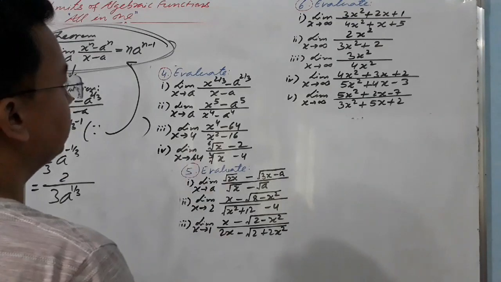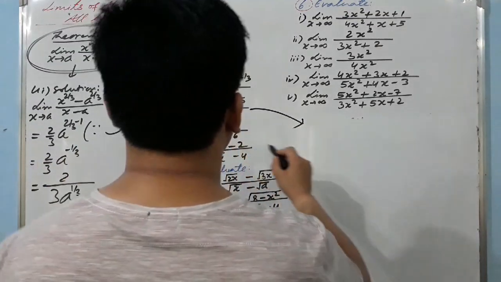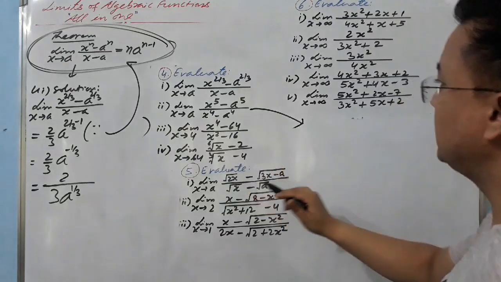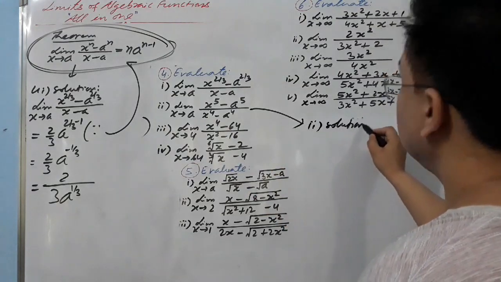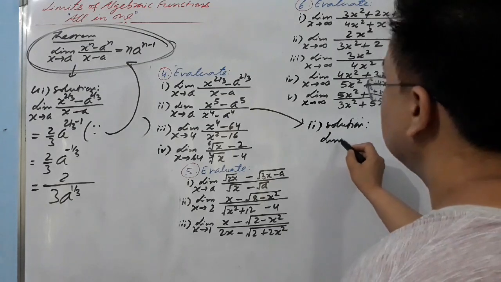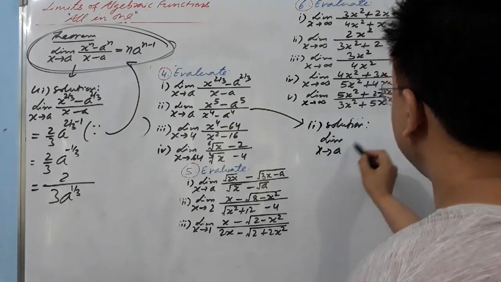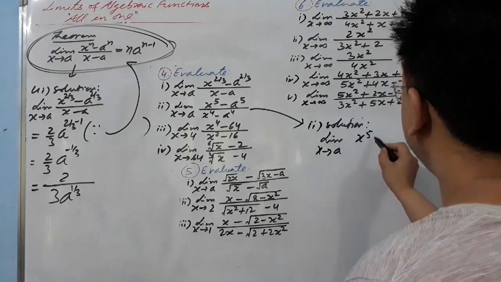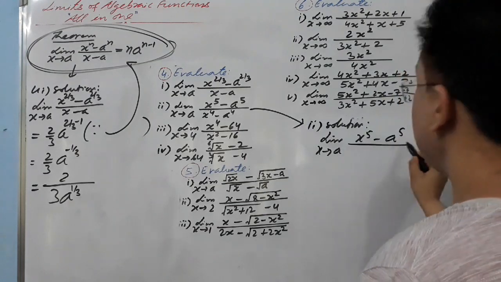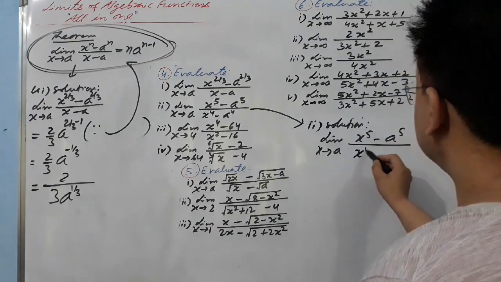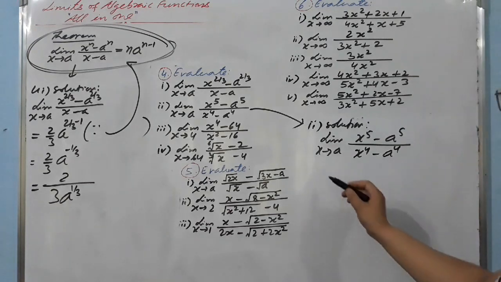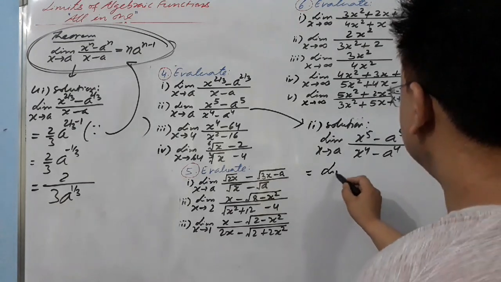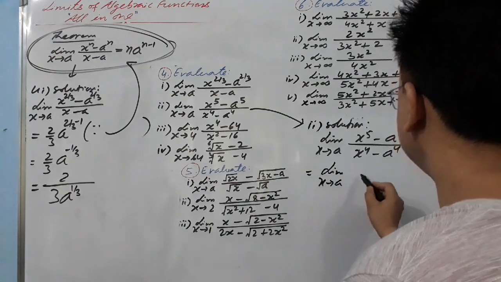Now the next question, the second one, I'm going to tell. Second solution: the limit as x tends to a of x raised to power 5 minus a raised to power 5 over x raised to power 4 minus a raised to power 4 is equal to the limit as x tends to a.